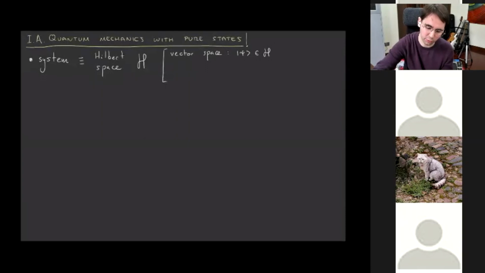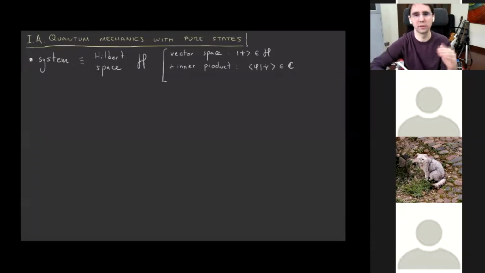It's a vector space in which we have defined an inner product. An inner product is simply something that takes two vectors, and we will denote it like this. We take vector phi and vector psi, and the inner product creates a complex number. So just having these two things, vector space and inner product, that's already a Hilbert space.